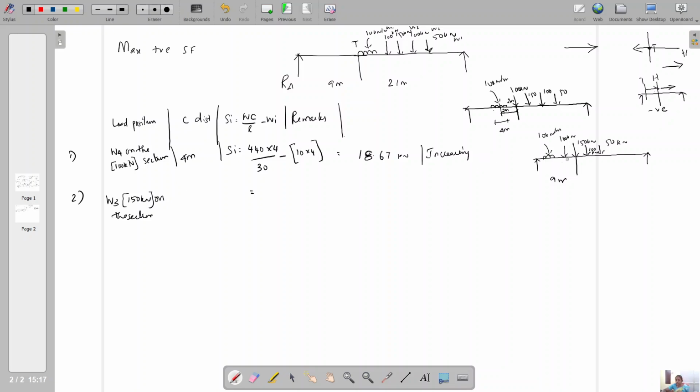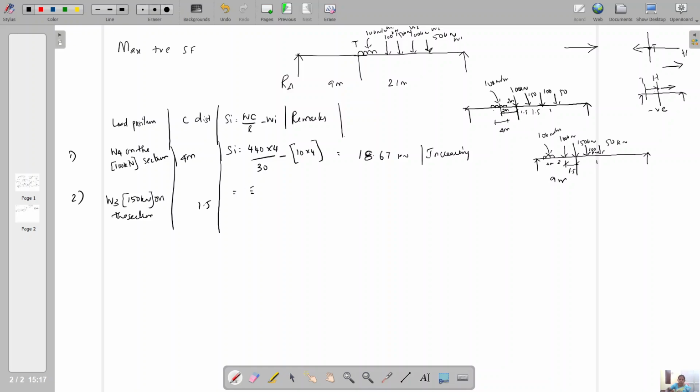Now the distance between the moved load and the placed load is 1.5, here 1.5. So this is 1.5 meter. 1.5, 1.5, 2 and 4 meter. These are the actual distances. So 1.5 is the C distance.